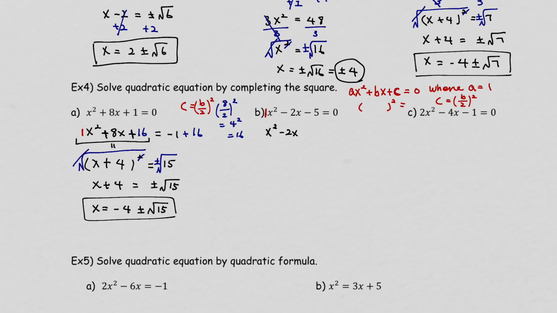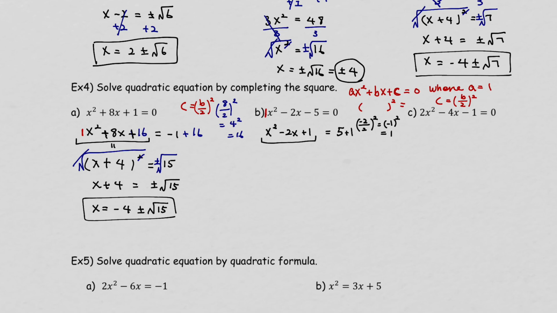So I will not need the c I have, which is negative 5. I will move it to the other side. That becomes positive 5. And the new c will be (b over 2) squared. And this b is negative 2, so negative 2 over 2 squared, which is negative 1 squared, which is 1. So you're adding 1 on both sides of the equation.